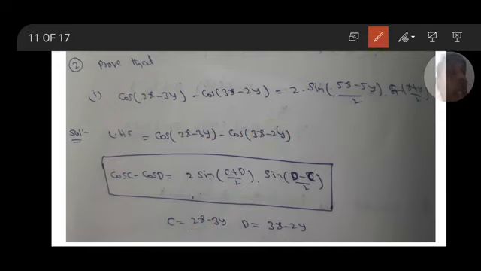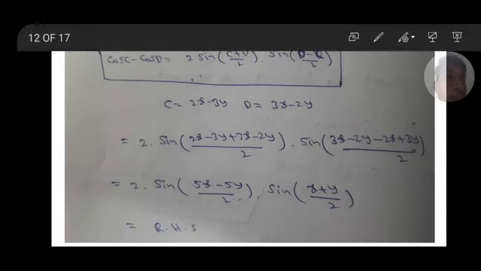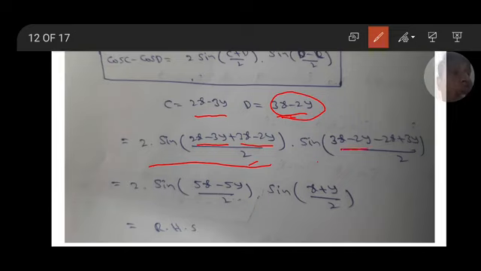Substitute in the formula, we get 2 into sin of (2x minus 3y plus 3x minus 2y) by 2, into sin of (3x minus 2y minus 2x plus 3y) by 2. That is the substitution.